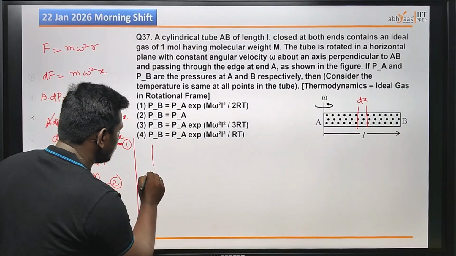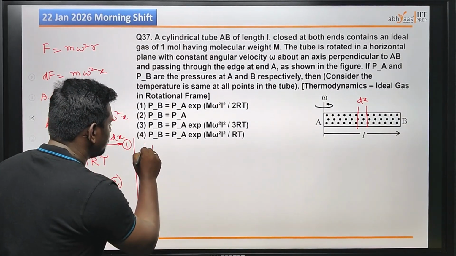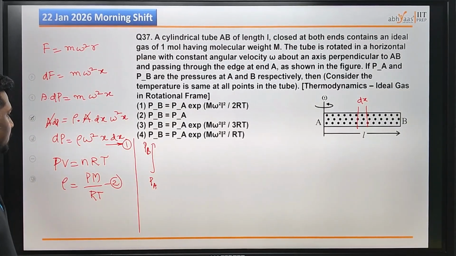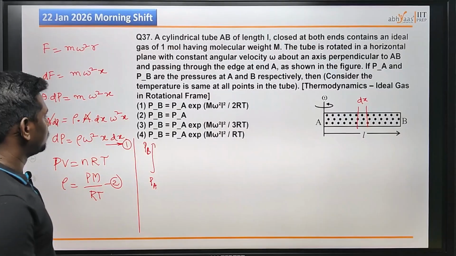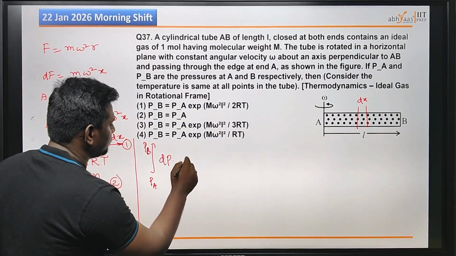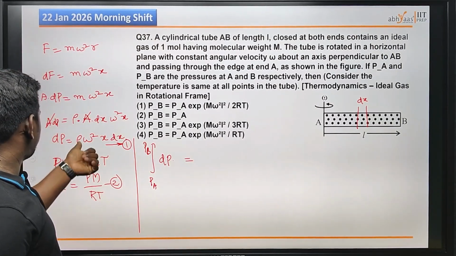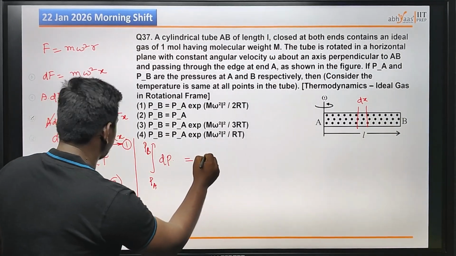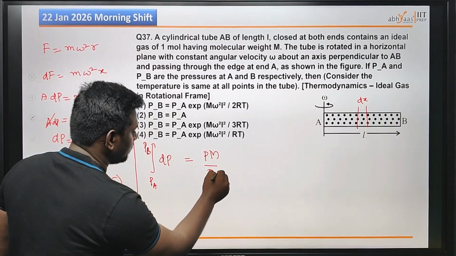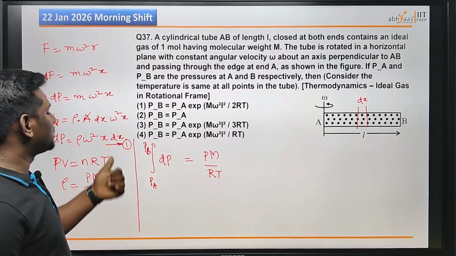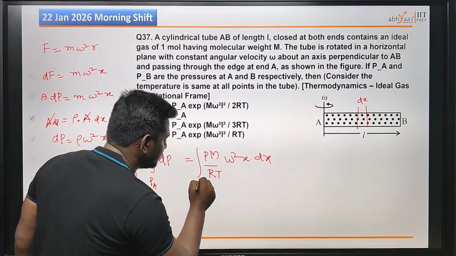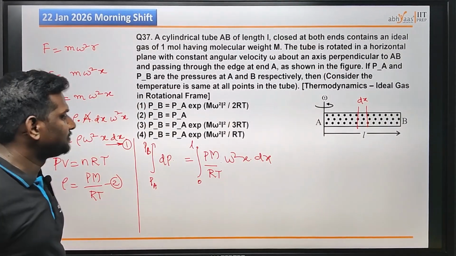So see here, integral PA to PB of dP, I am writing here and substituting: Pm by RT into omega square x dx, integral 0 to L, that is the length.